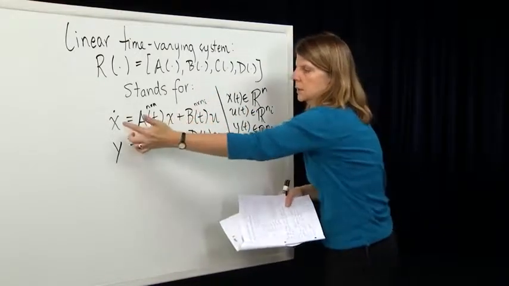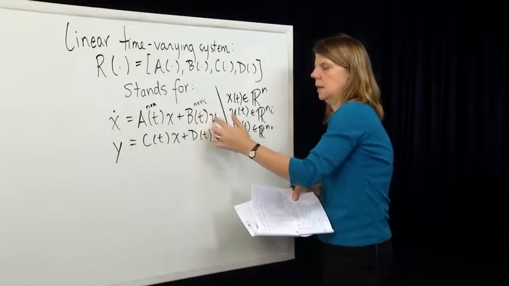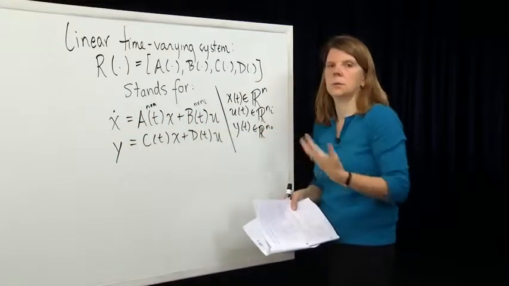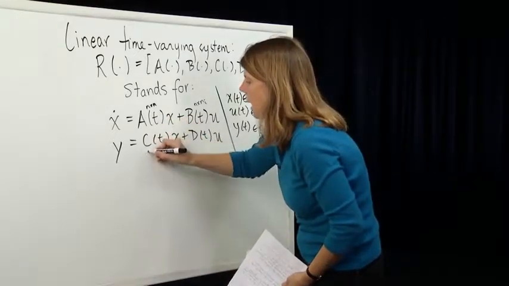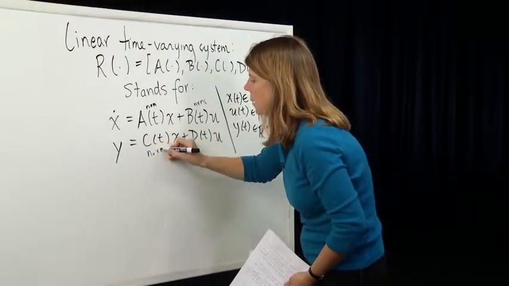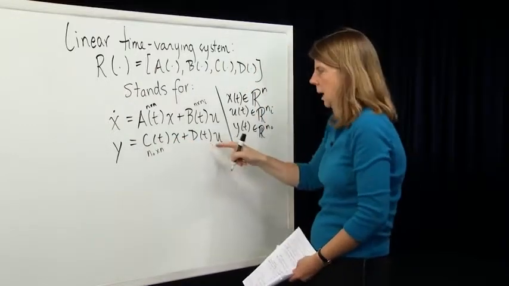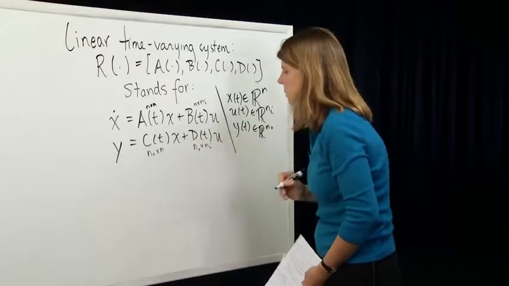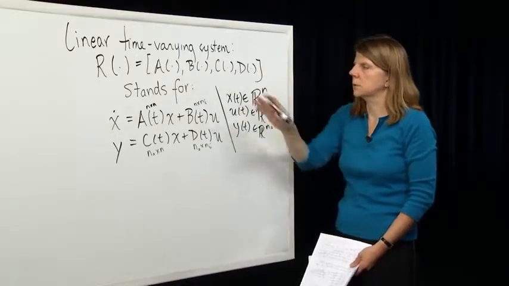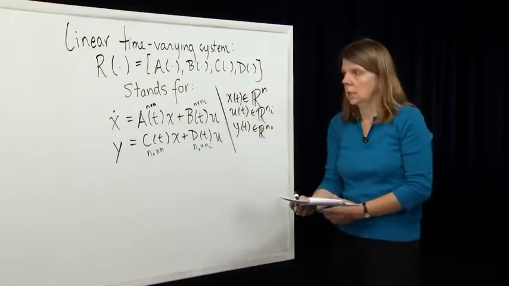So n because x dot is dimension n, and ni because u is of dimension ni. C is an n out by n dimensional matrix, and D is an n out by ni dimensional matrix. Okay, so that's really what we mean by that notation.